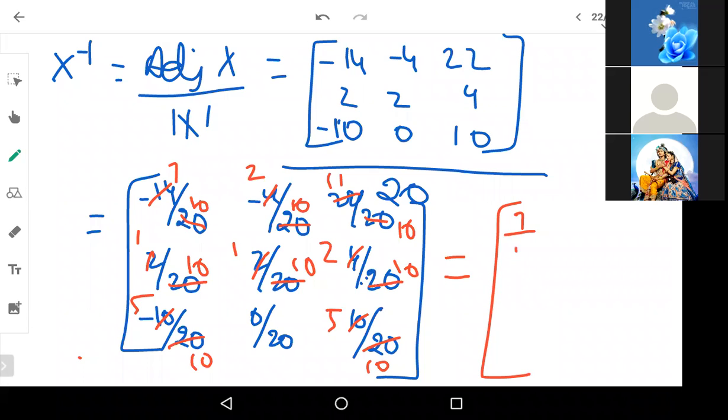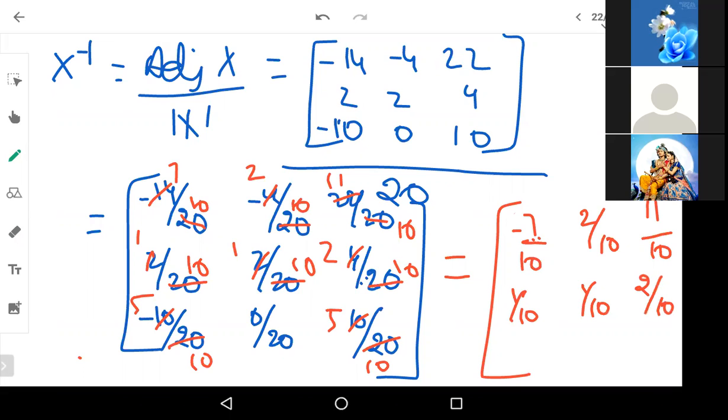Minus 7 by 10. Minus will remain as it is everywhere. So minus 7 by 10, 2 by 10, 11 by 10, 1 by 10, 1 by 10, 2 by 10, minus 5 by 10, 0, and then 5 by 10. Here you can further do the cancellation, you can divide this.